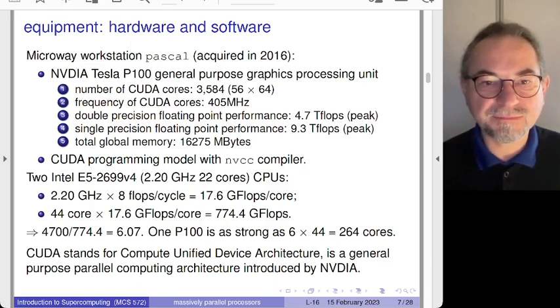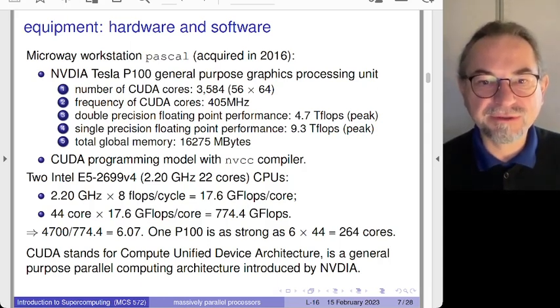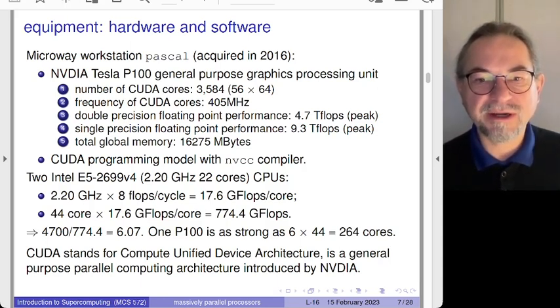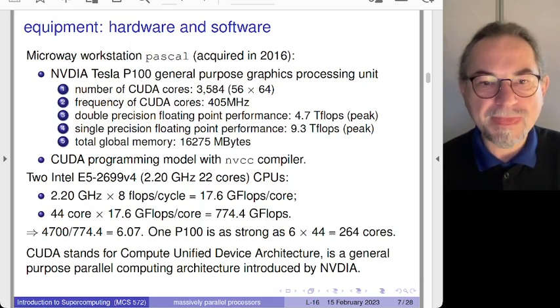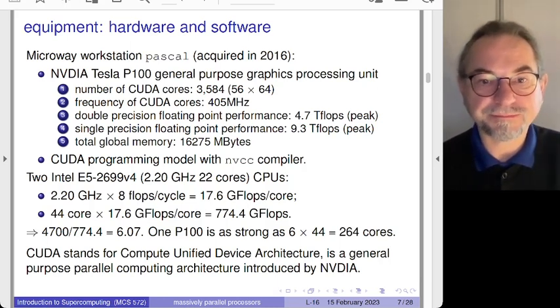And so trying to compare the 22 cores with the GPU, the top performance that you would get, so there is a very simple computation here, would be 700 gigaflops if you are using all cores to the max.